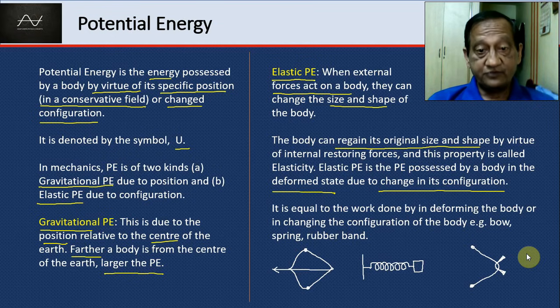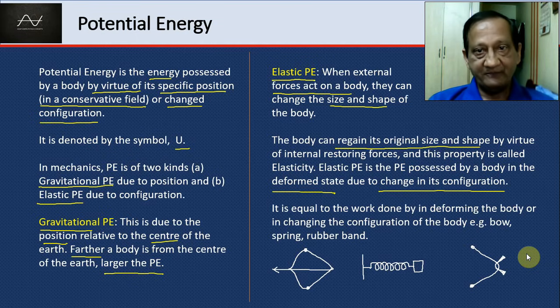Now, the string, when it was not stretched, it would not be able to project an arrow. When it is stretched, when it is deformed, then the internal restoring forces are acting and there's a stored elastic potential energy inside it. The moment you release the arrow, that stored elastic potential energy converts into the kinetic energy of the arrow.